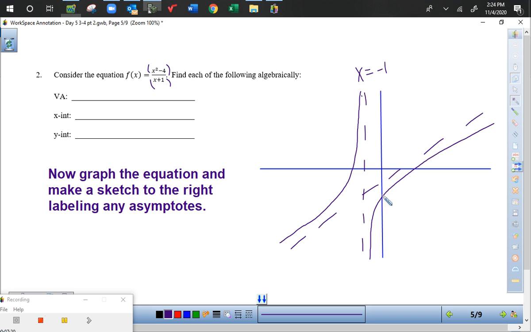Okay, so the big idea here is the reason that we had these different types of asymptotes happen was because the numerator and the denominator didn't match. And the difference between number 1 and number 2 is where the bigger value is. Here, the quadratic is on top, and what that meant for us is that we had an oblique asymptote.